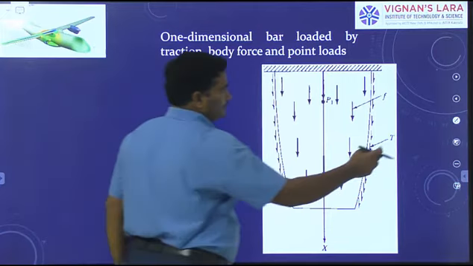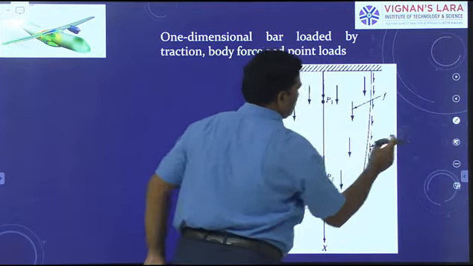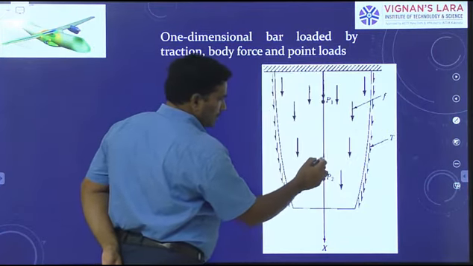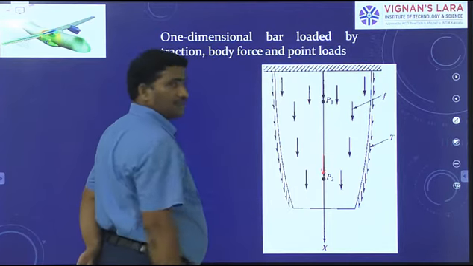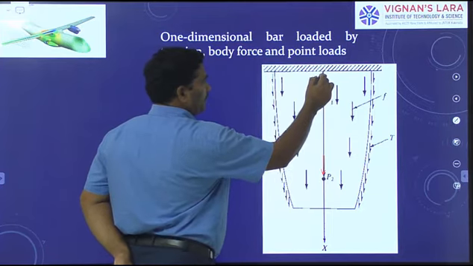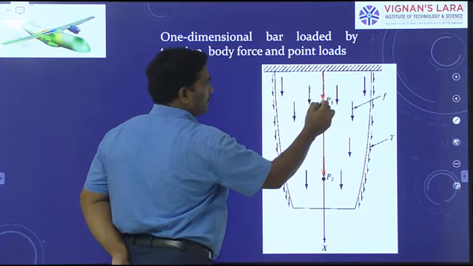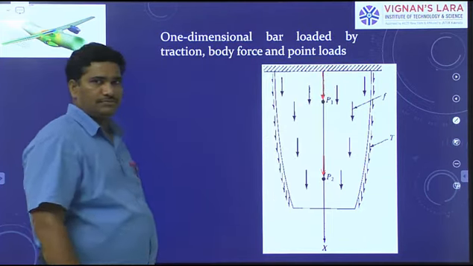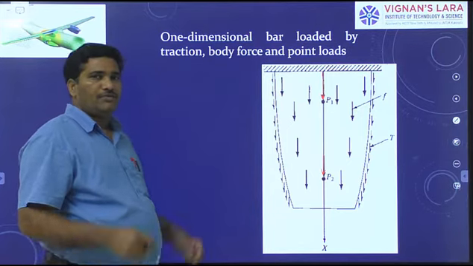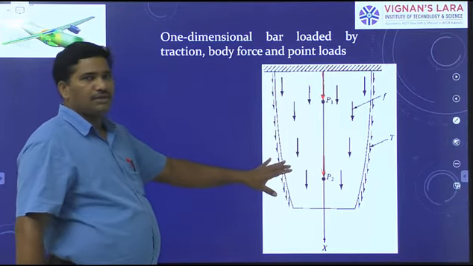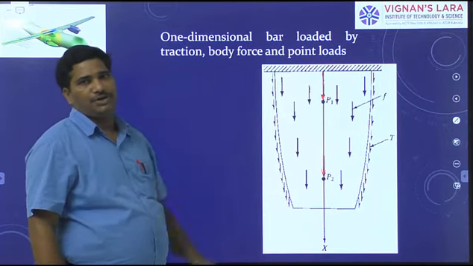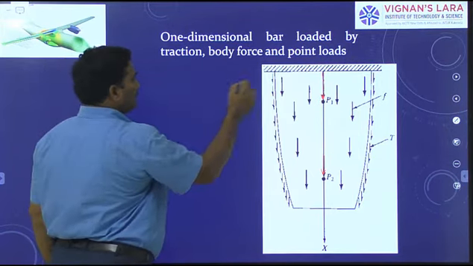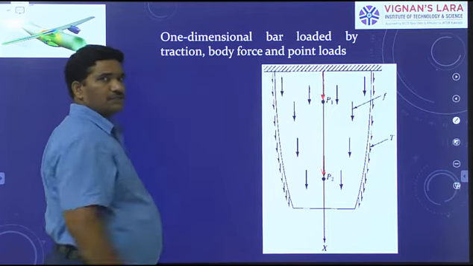So here, this is the concentrated force acting at this point. And this is the concentrated force acting at this point. Okay? Where they are acting on the surface of the object, on the surface of the one-dimensional body. Therefore, P1 and P2 are the surface forces.